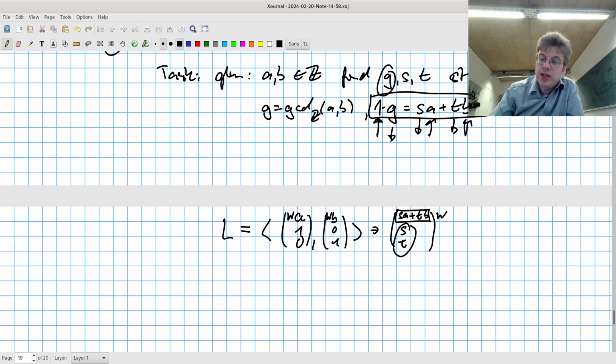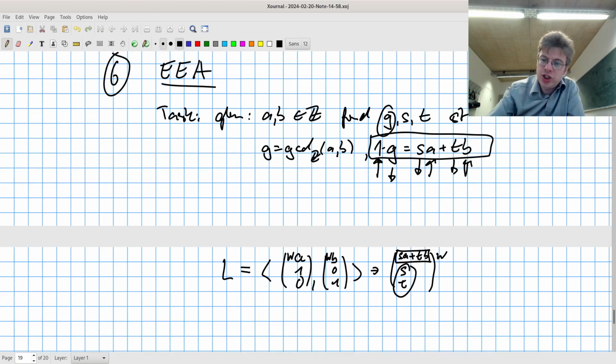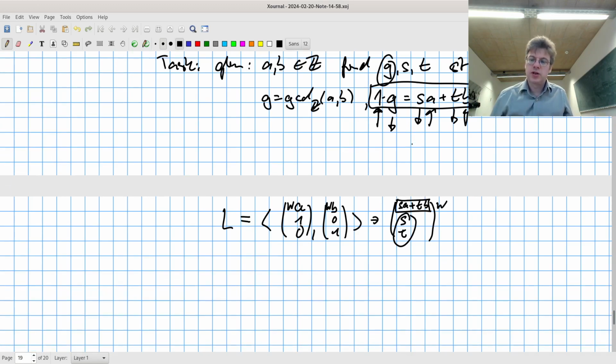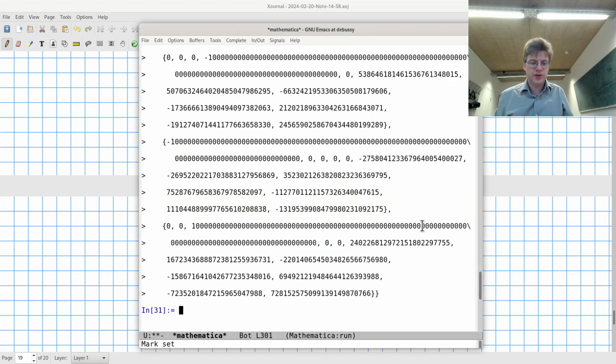And then you get W times G for a G that is like this. And if you put the W very high, then LLL will try very hard to make the G very small. And the smallest G that you find in this way will be the GCD. Of course you get here W times the GCD, but you divide out W and then you have the GCD.